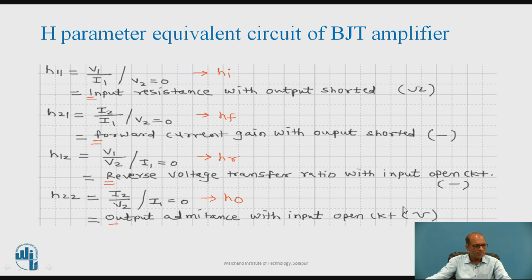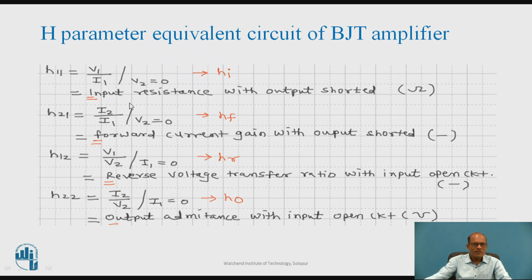So if you observe the unit of all the hybrid parameters H11, H21, H12 and H22, it is ohm, then two parameters are not having unit and one parameter is mho. So these units are a mixture. So it is a mix of ohm, no unit and mho, and therefore these parameters are called hybrid parameters.